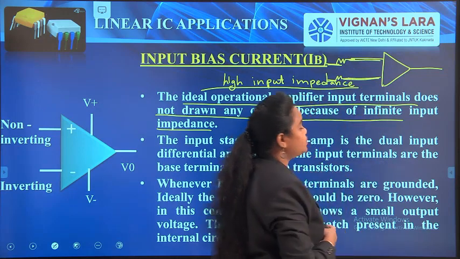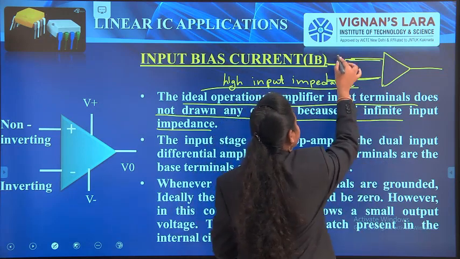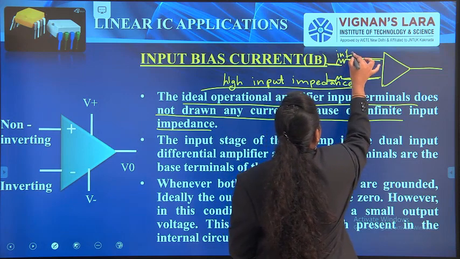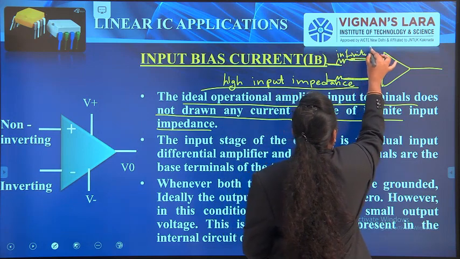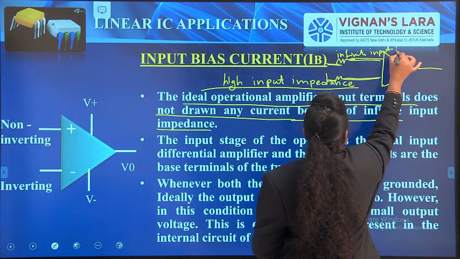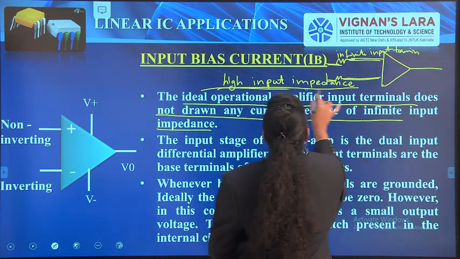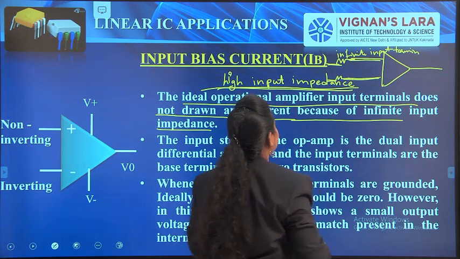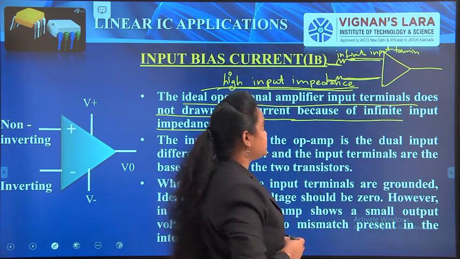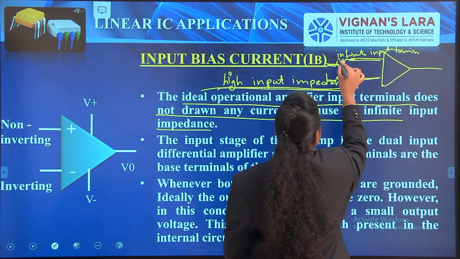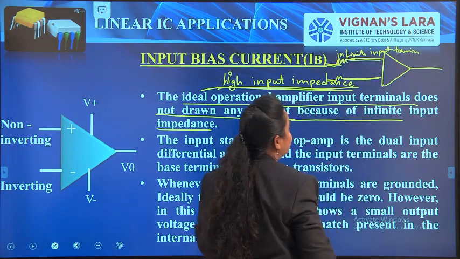In these two terminals, we are going to use infinite input impedance, that means high input impedance resistors. By using this high input impedance, we do not draw any current.